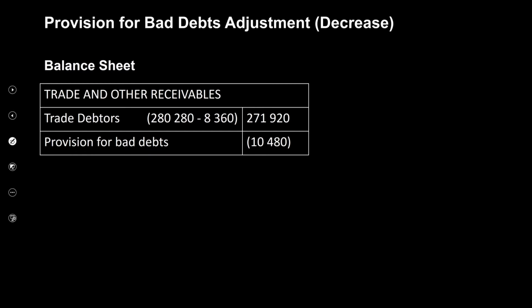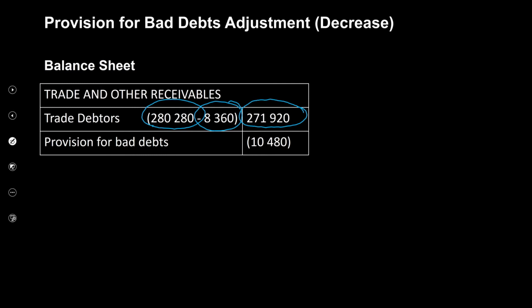So, in my balance sheet now, I would have my trade debtors of 280,280 minus the further bad debt of 8,360 to give me 271,920. I now say provision for bad debts. Which figure? The new provision. Remember that. Clearly you can see provision for bad debts, 10,480.